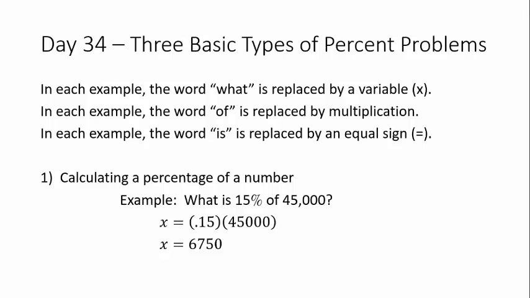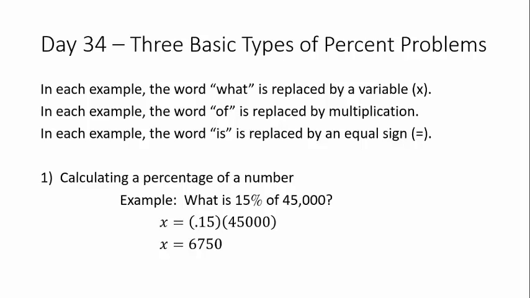The first type was to calculate the percentage of a number. So the example is, what is 15% of 45,000? Again, what is replaced by our variable x. Is is replaced by the equal sign. The percentage is replaced by its decimal equivalent, so 15% is replaced by 15 hundredths.